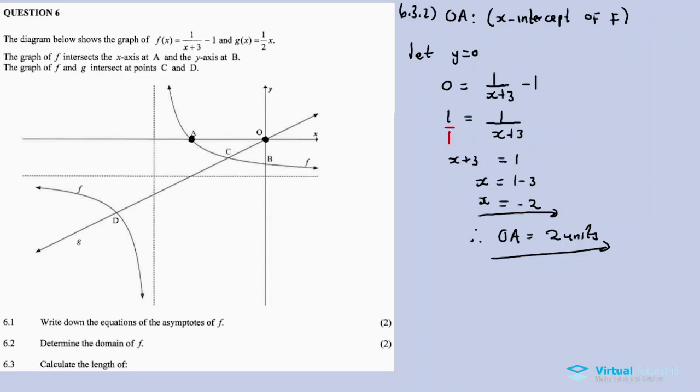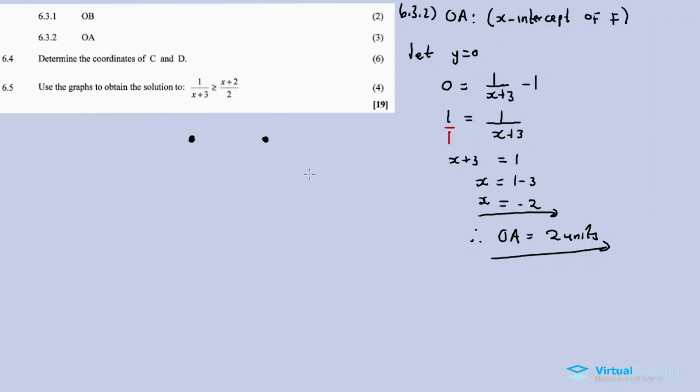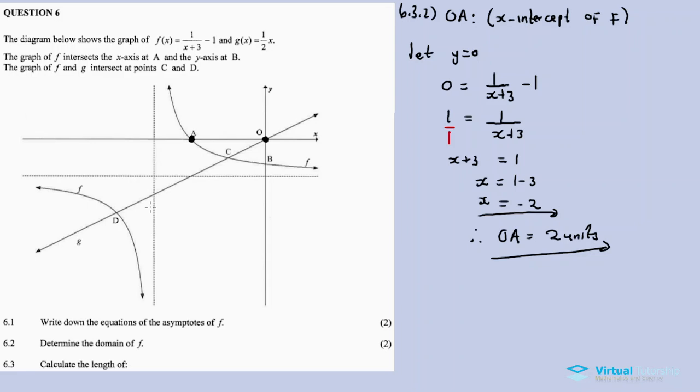Now 6.4, which we calculate now. 6.4, determine the coordinates of C and D. C and D are my points of intersection between F and G. These are the points of intersection.